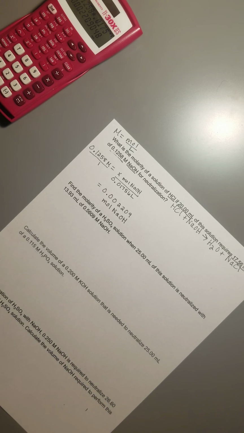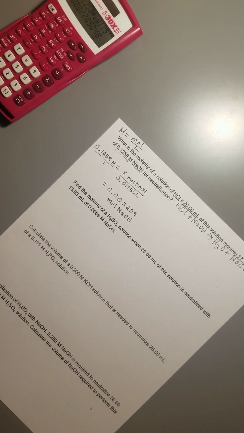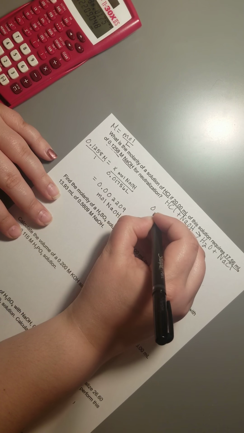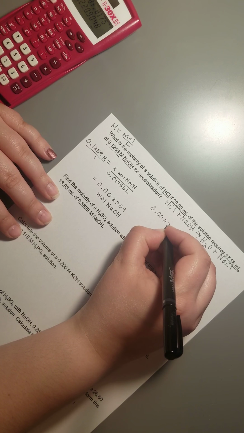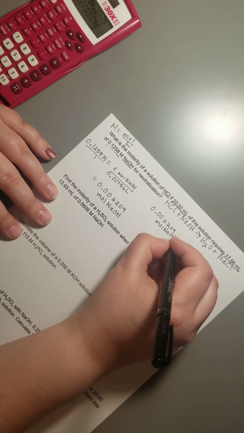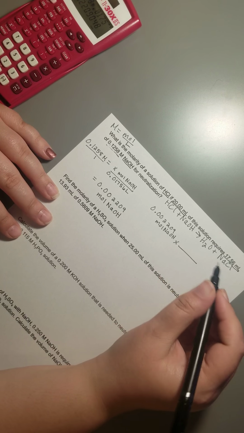Since I'm trying to find the molarity of HCl, what I'm going to do now is I'm going to use the balanced equation to calculate the moles of HCl. And I can do that using the mole ratio from the balanced equation. So 0.002209 moles of NaOH. Do a short stoichiometry step here, so mole ratio.